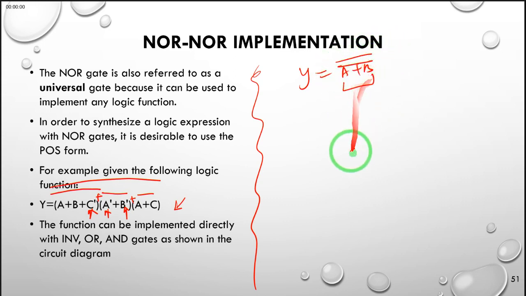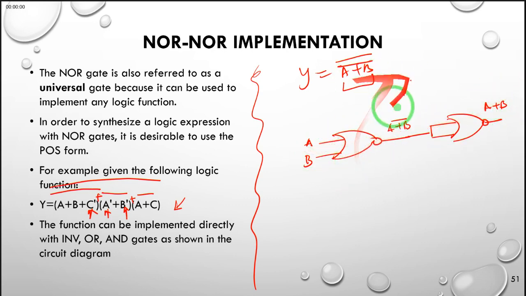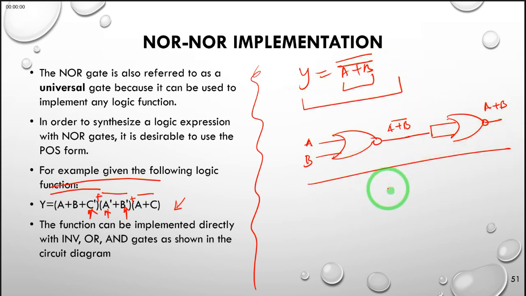This would now become the first NOR gate. This becomes A, B. What you get out of here is A or B bar, but you take this through another NOR gate. This becomes A or B because it performs the inversion. Therefore, what you have been able to do is to achieve this expression using two NOR gates, or one type of gate.